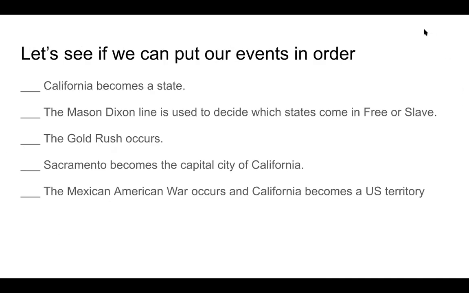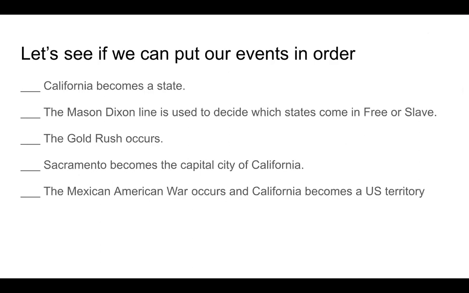All right, this is a good time to practice some chronology. So I put 5 events here up on the slide. See if your student can put these in order. California becomes a state. Mason-Dixon line is used to decide which states come in free or slave. The gold rush occurs. Sacramento becomes the capital city of California.